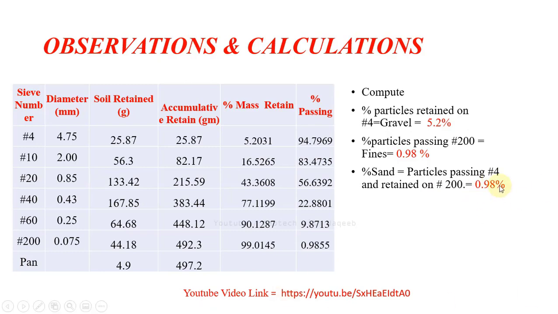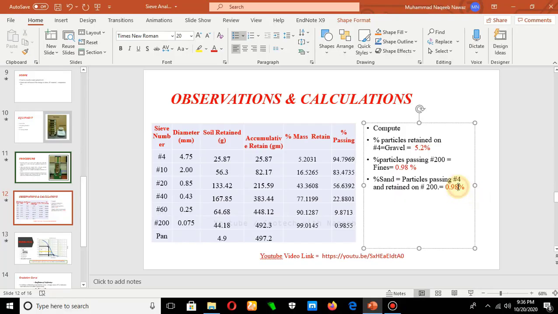So percentage sand will be equal to 100 minus (5.2 plus 0.98), and you will obtain the percentage of sand, which is approximately 94%. 94% is sand material.